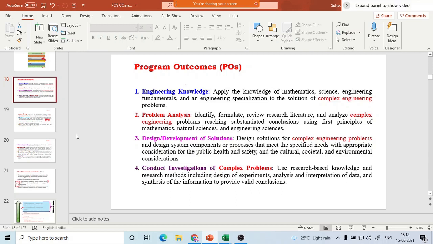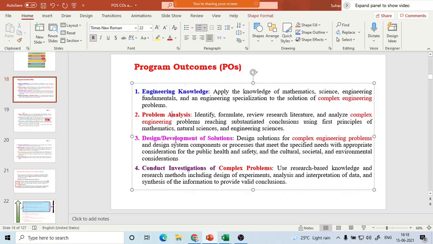Because the NBA committee will evaluate your institute, they should have a certain base for it, and that's why they created these POs, so that your institute is also in line with these objectives. These are objectives for a course: that students should gain knowledge, be able to analyze, design, and develop.